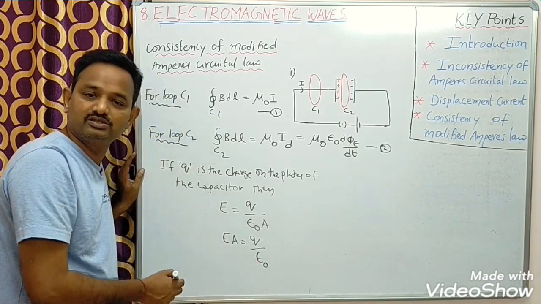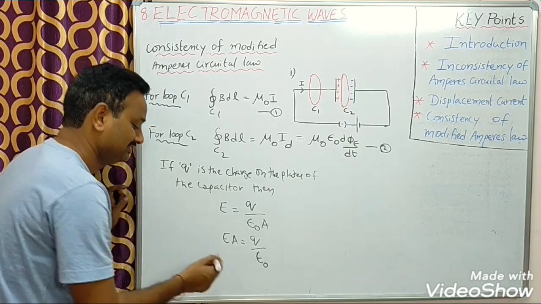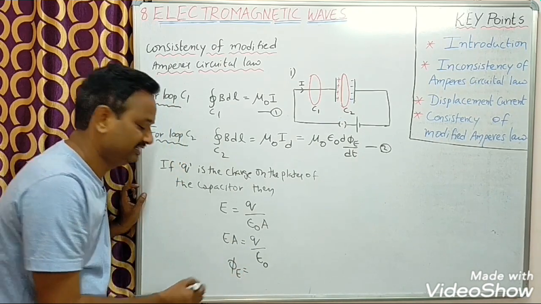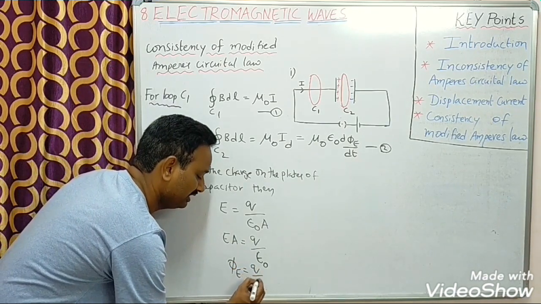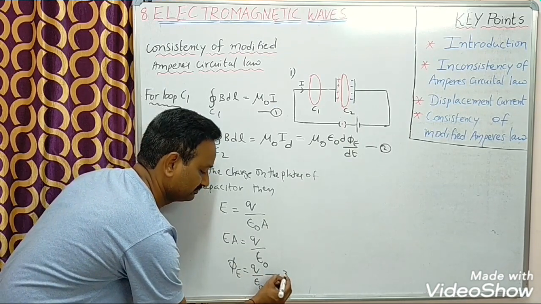E into A is the electric flux. Phi E is equal to Q by epsilon naught. So this is equation 3.